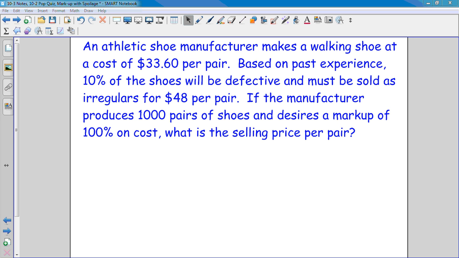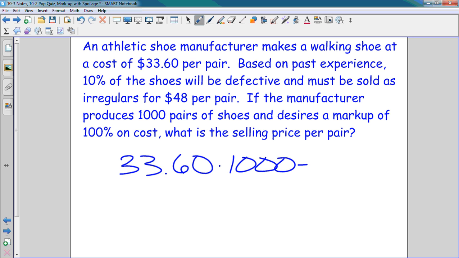How do I find out how much I need? $33.60 times 1,000 gives me 33,600. But what does that stand for? The cost of making 1,000 pairs of shoes.